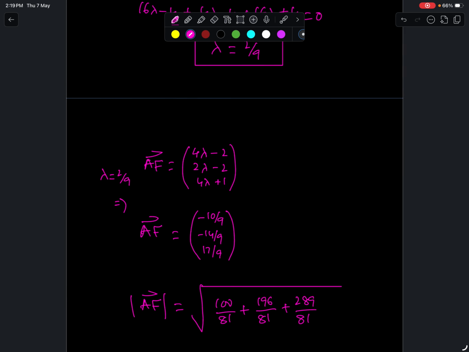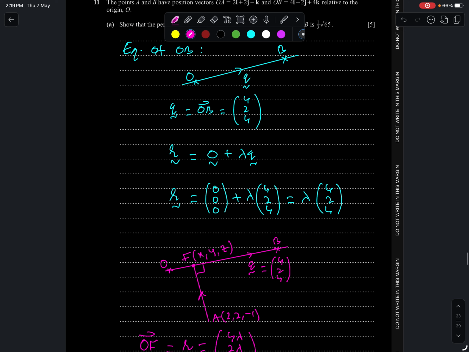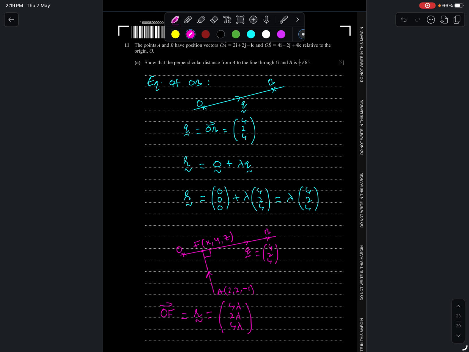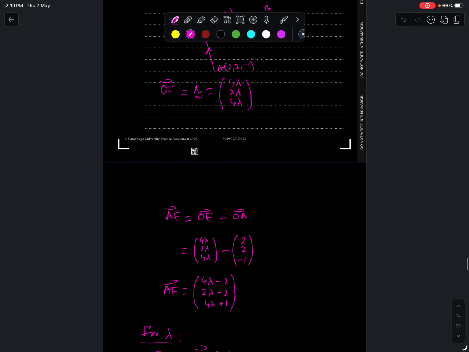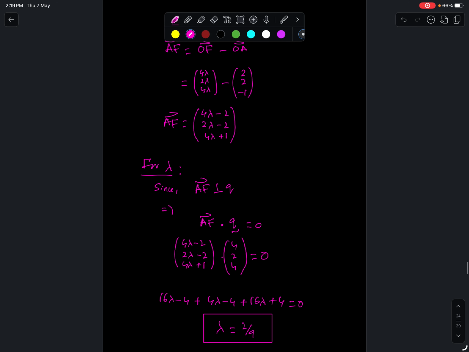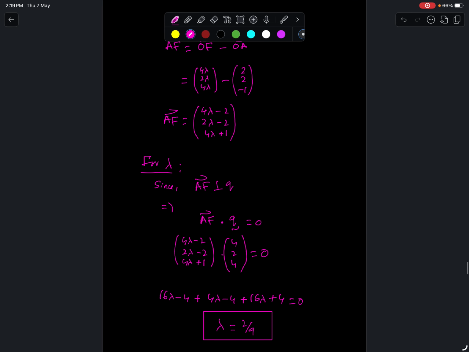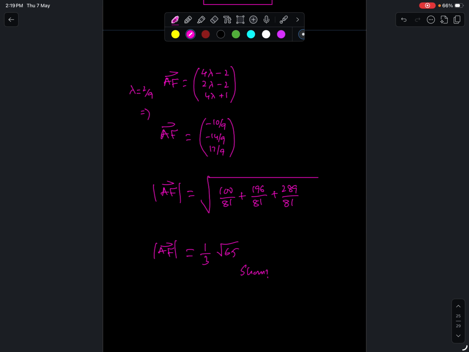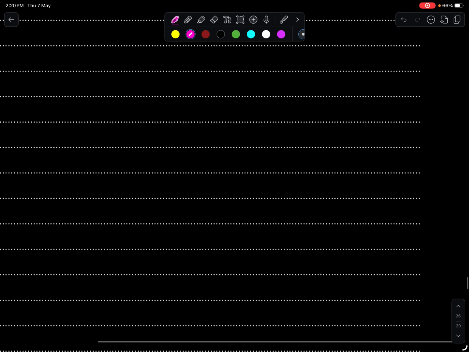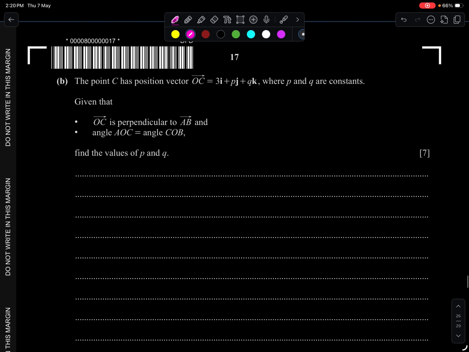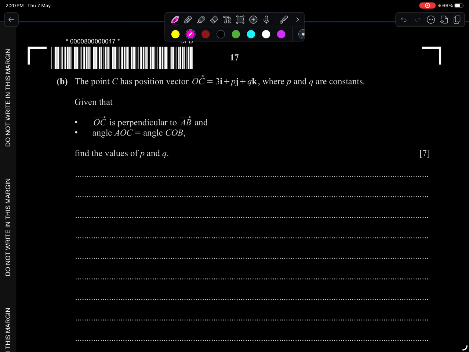Please check this solution again. Last part, finally. Alright, the point C is given.